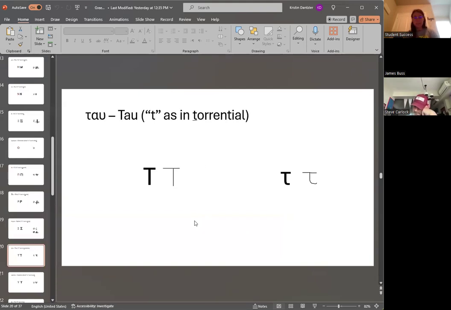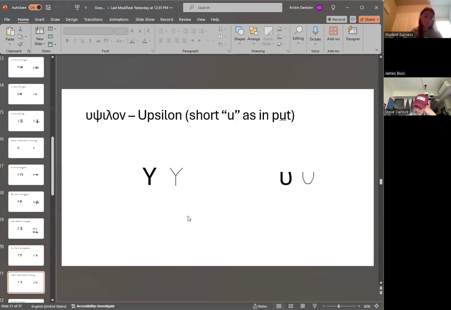Tau is their T. Uppercase looks like a T. Lowercase is a smaller version, just with a tail at the end. Upsilon is a short U. Uppercase is a Y, and the lowercase is a U without a tail at the end, so just one motion.